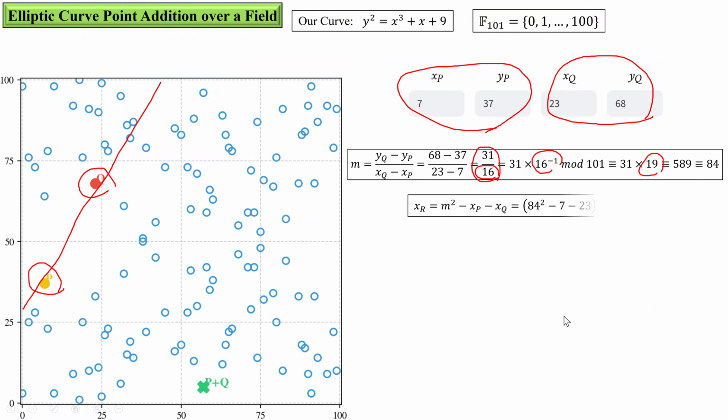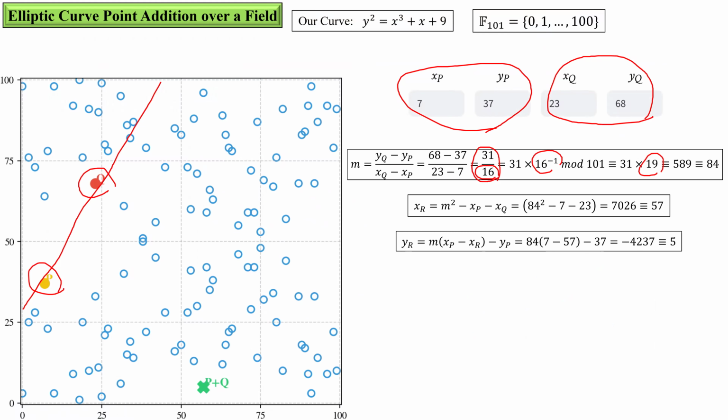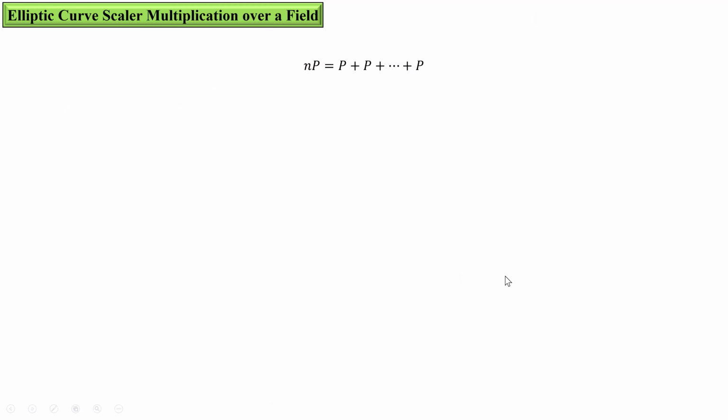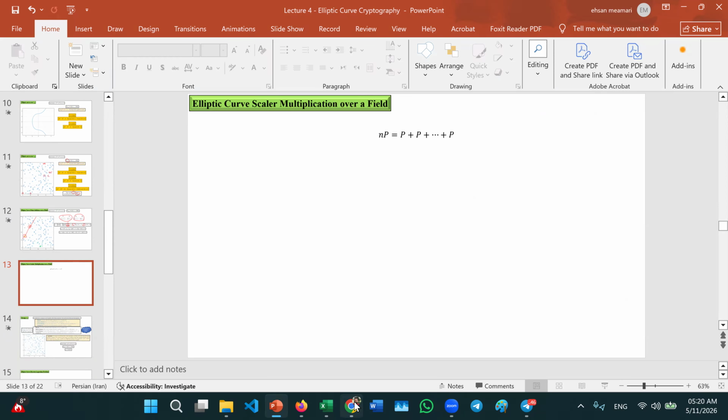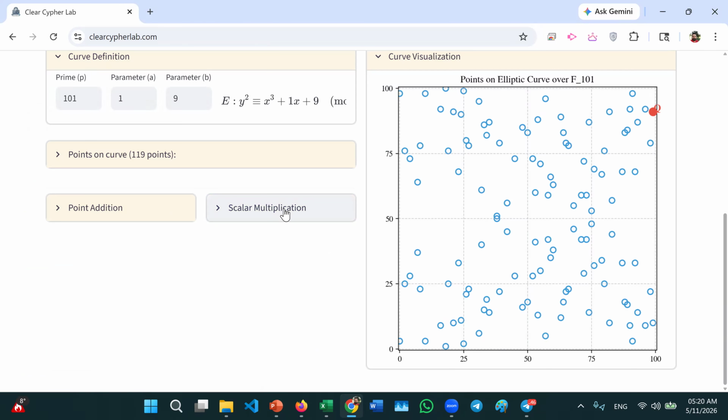Okay, after point addition, we want to discuss scalar multiplication for the points. We already discussed that scalar multiplication is another form of adding a point to itself multiple times. So let's do it using the website for the scalar multiplication.